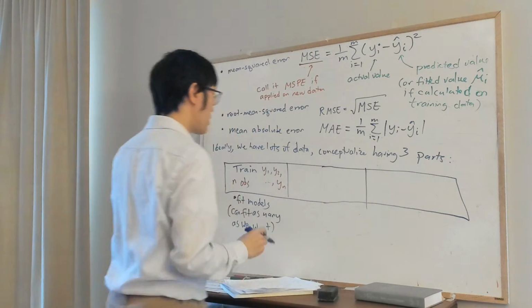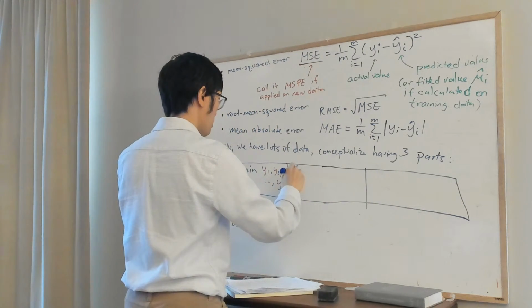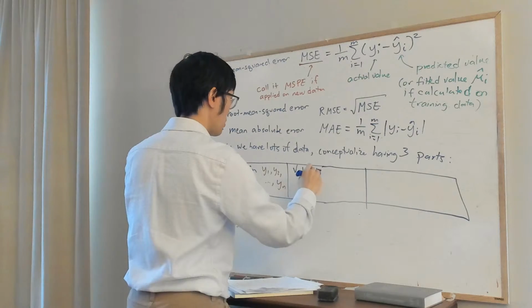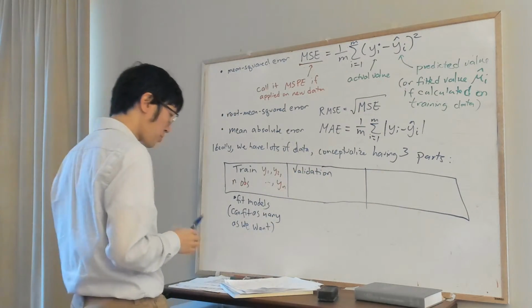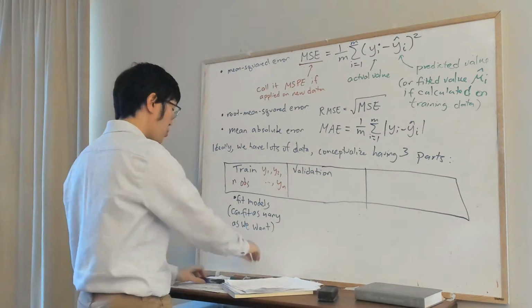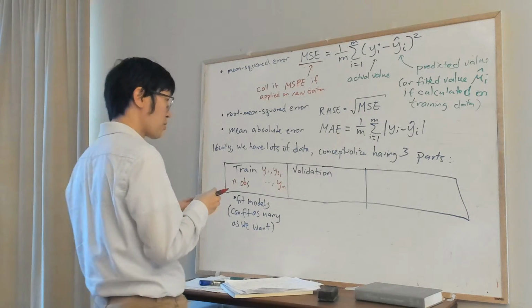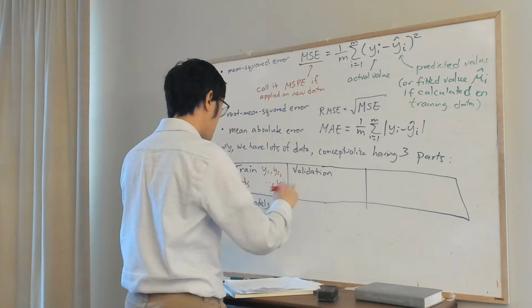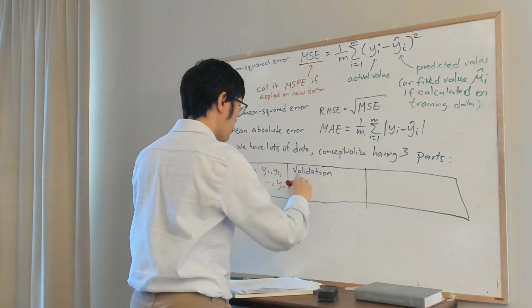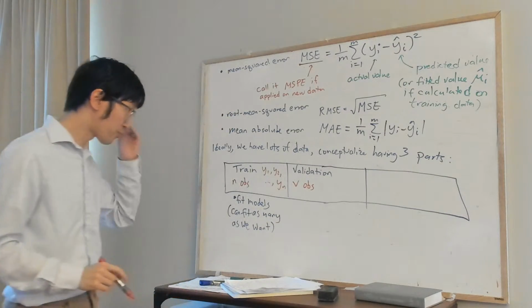Our second piece is what we call the validation sample. Suppose we have some observations. Let's say we have v observations in this batch.